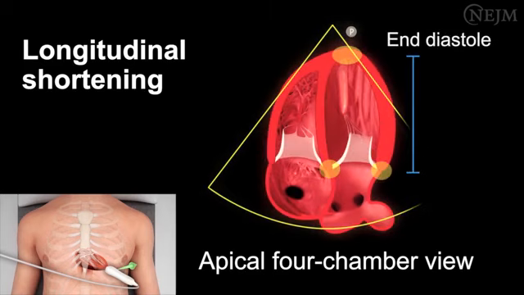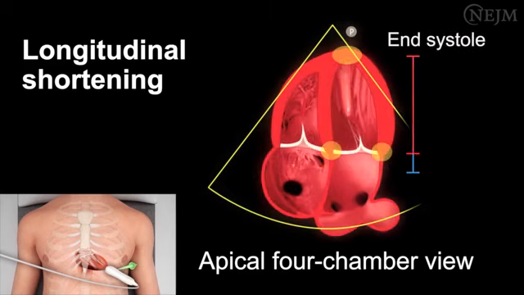The difference between the maximum length and the minimum length during the same cardiac cycle yields the estimated longitudinal shortening. A difference of at least 1 centimeter indicates normal left ventricular systolic function, whereas a difference of less than 1 centimeter suggests severely reduced left ventricular systolic function.